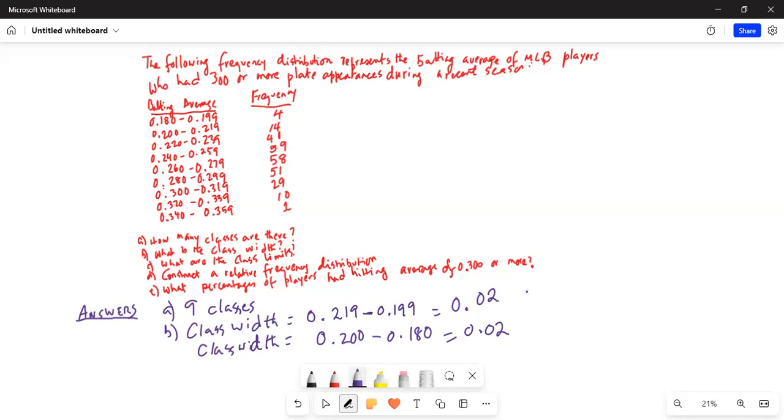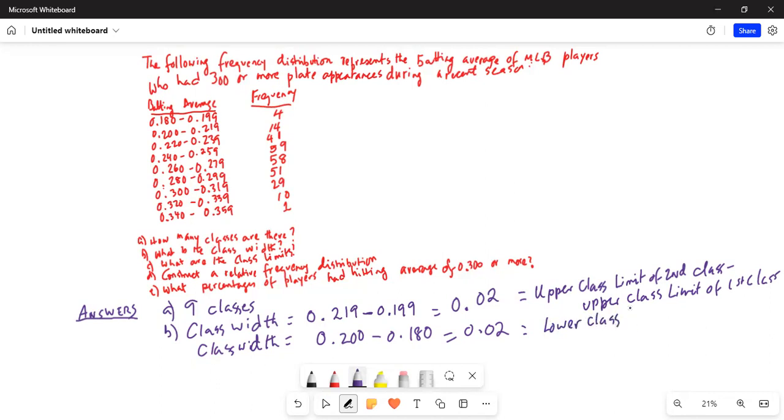I will write down: upper class limit of second class minus upper class limit of first class is also equal to lower class limit of second class minus the lower class limit of first class.